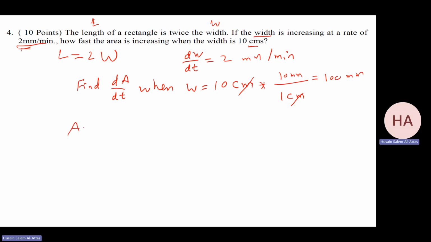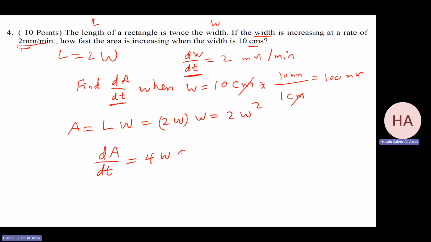Now the area of the rectangle is L times W. But I want to relate the rate of change of the width with the rate of change of the area, so change L into W. That gives me 2W times W, that is 2W squared. Now differentiate: dA by dt will be 4W dW by dt.